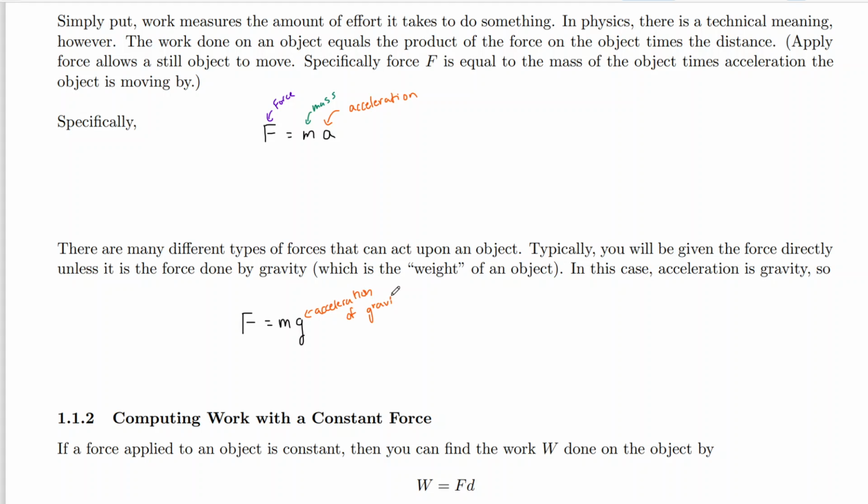Now, very often when people refer to the weight of an object, it's a little confusing, because what a lot of people think of as the weight of an object is really the mass, m. The weight of an object is actually mass times gravity.